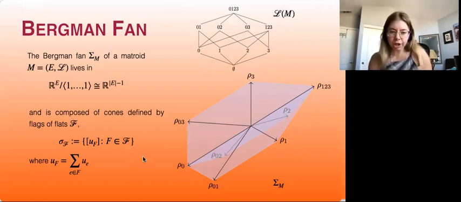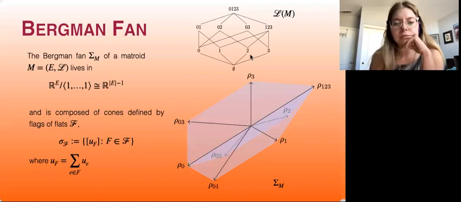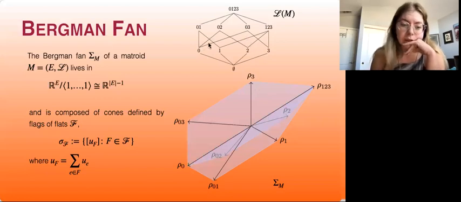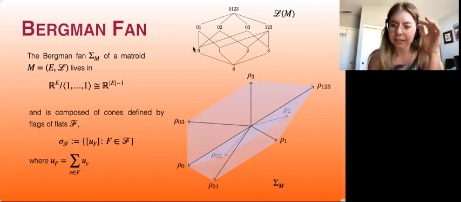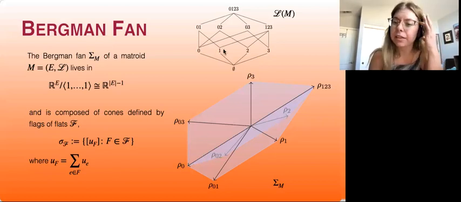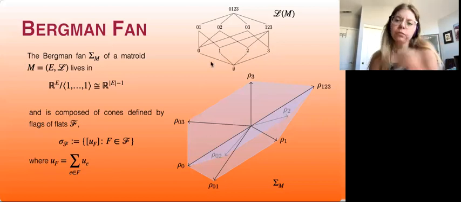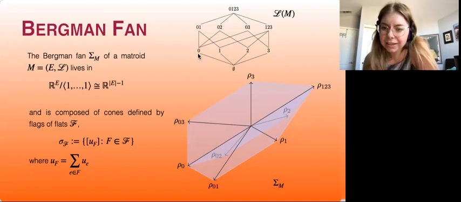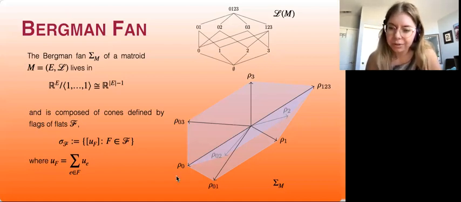The 2-dimensional cones of this fan correspond to 2-element flags, so flags between the ranks 1 and 2. We have 9 possible flags like this, 3 emanating from 0, and then 2 emanating from atoms 1, 2, and 3 each. We can see here that the 0th atom is in 3 flags, and we can see 3 2-dimensional cones go through it.